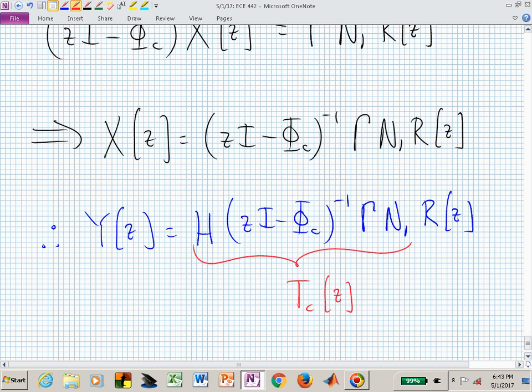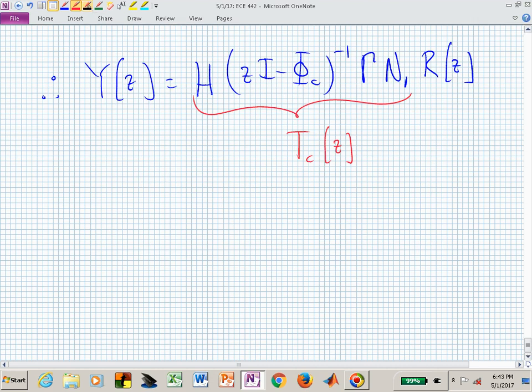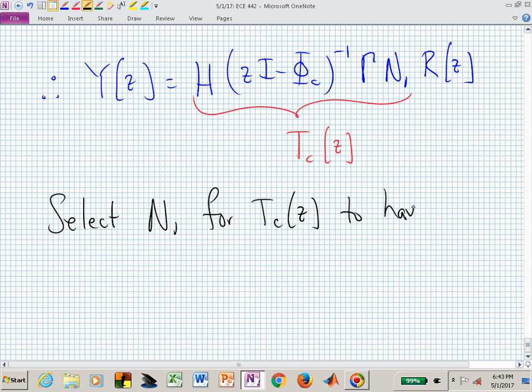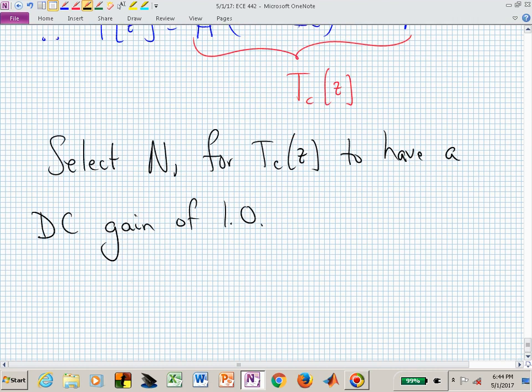And what we want to do now is select this scalar n sub 1 for the transfer function T sub c of z to have a DC gain of 1. Or, stated another way, we want T sub c of z at z equal to 1 to equal 1.